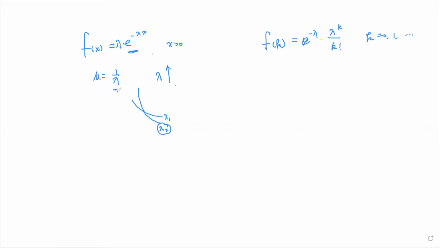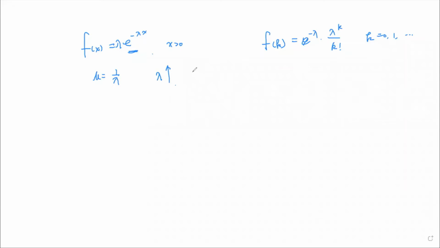The mean would be smaller because the density function of exponential distribution is like talking about the lifetime of something. So if lambda is bigger, f goes to 0 faster, then you have an expected shorter lifetime. So you have 1 over lambda. Yeah, so it's sort of reciprocal. When lambda gets bigger, you have a shorter mean lifetime, and you have 1 over lambda, which makes sense. I'm not proving that, I'm just trying to make sense.